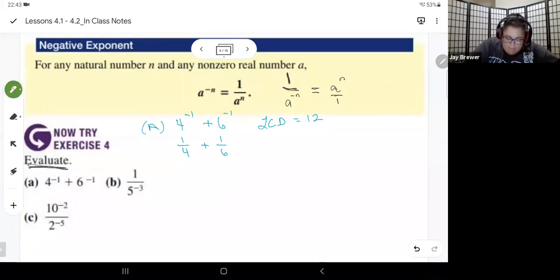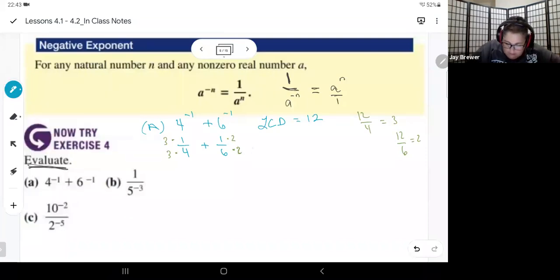So to go from 4 to 12, you multiply by 3. So we're going to multiply the top by 3 and the bottom by 3. But for 6, it's twice. So you're going to multiply the top by 2 and the bottom by 2.